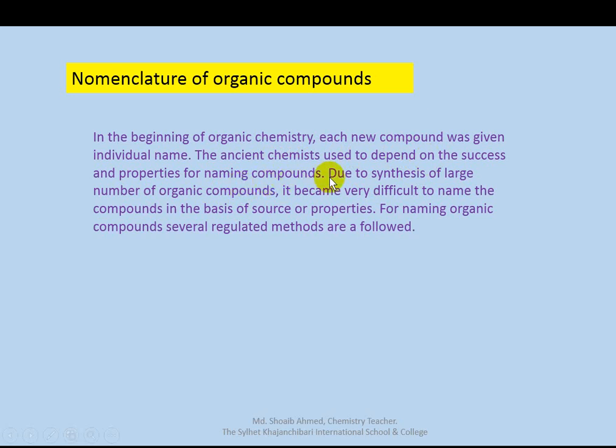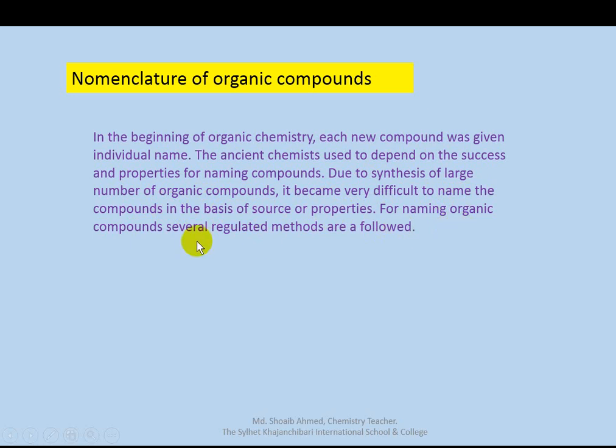But day by day, there are millions of organic compounds. Formic acid, for example, is named from the fact that this acid was found in ants. But this is not possible for large numbers of compounds. Due to the synthesis of a large number of organic compounds, it became very difficult to name them on the basis of source or properties.